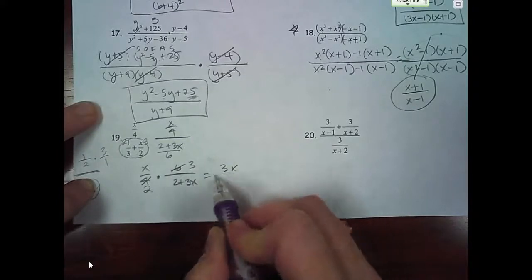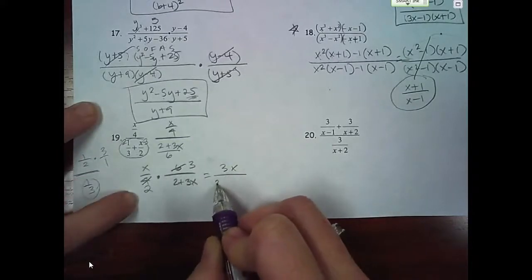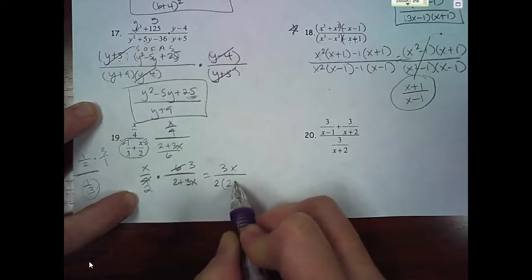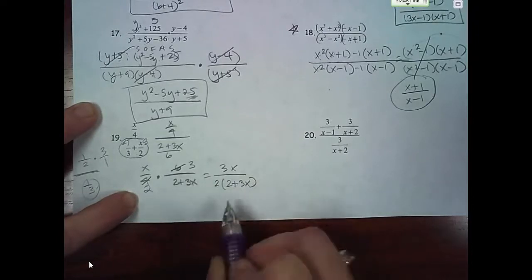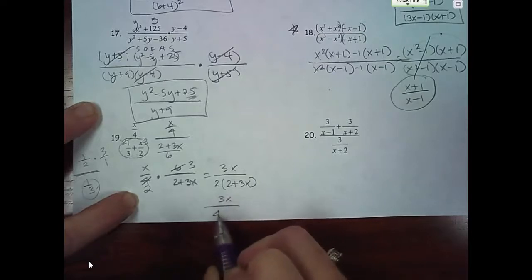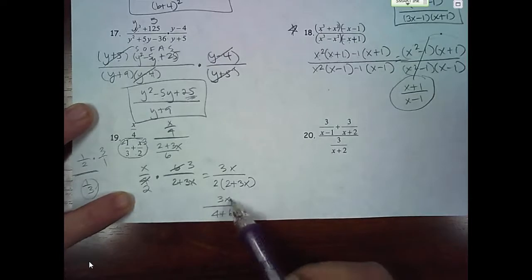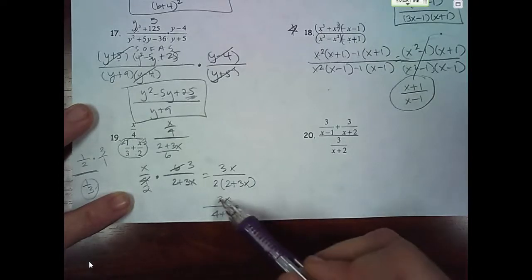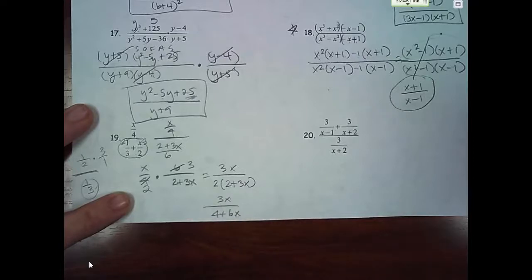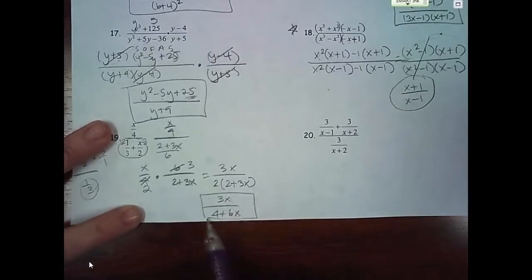So you have 3x on top, and 2 times 2 plus 3x, which would be 3x over 4 plus 6x. Again, if there were an x in all 3, it would cancel, but there's not. This doesn't cancel either. Some of y'all want to make this 2x down here. No, this is finished just like it is.